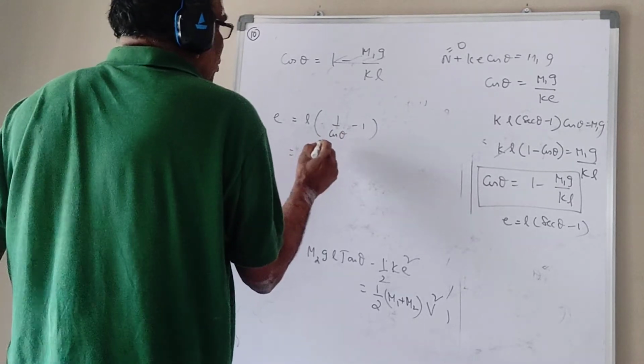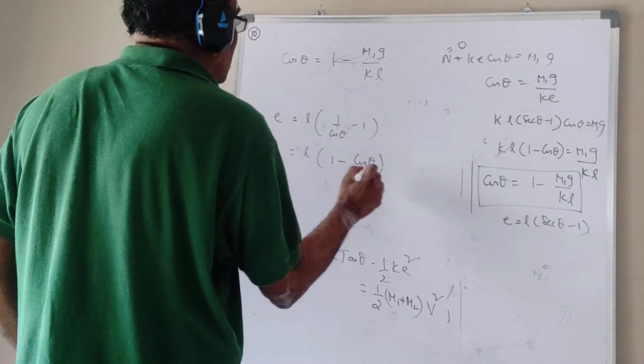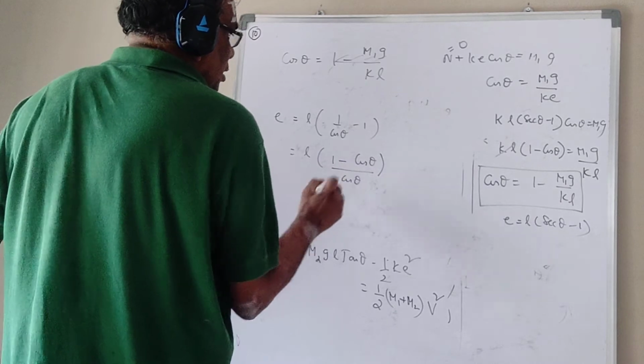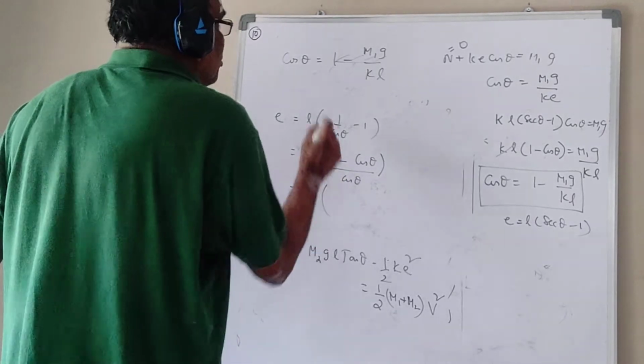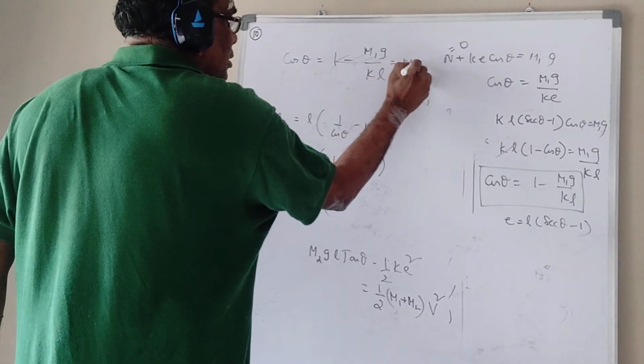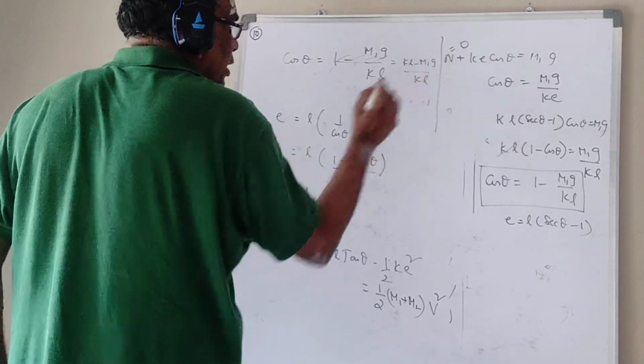L into 1 minus cos theta by cos theta. So how do you write cos theta? I can write it as kL minus m1g by kL.